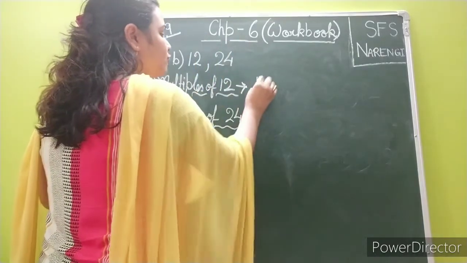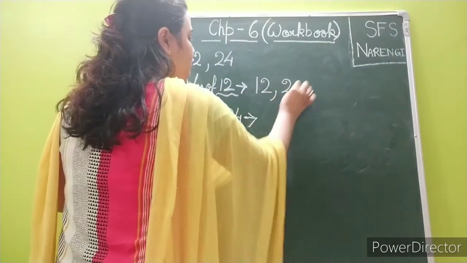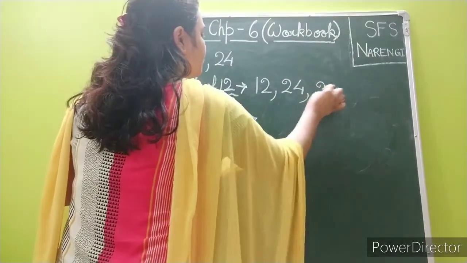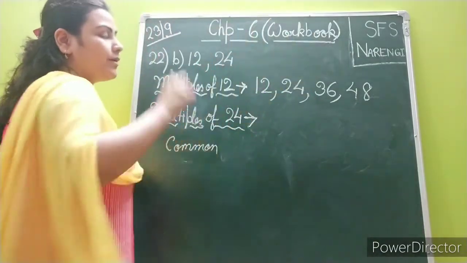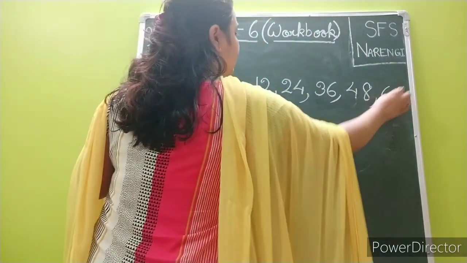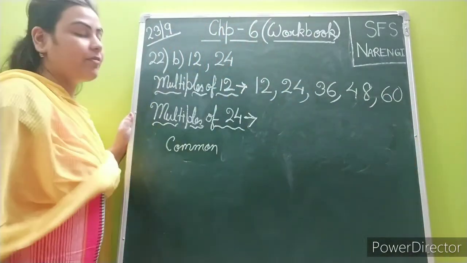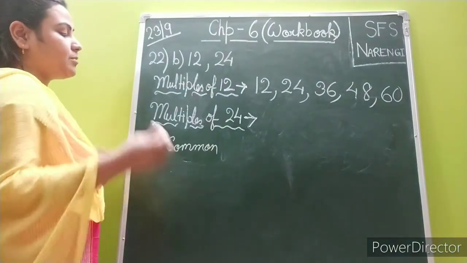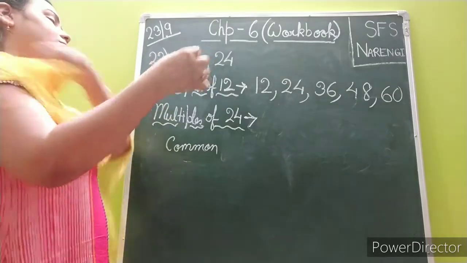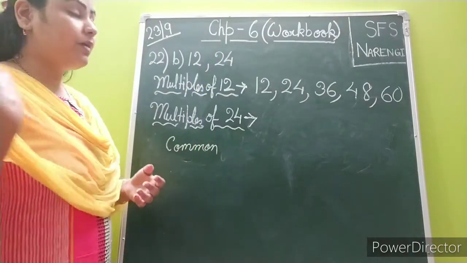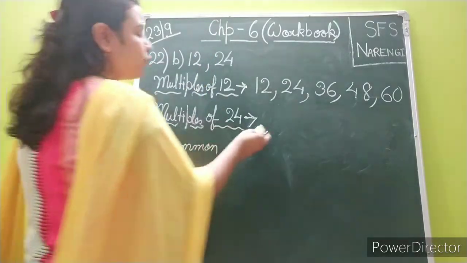Okay, so 12 1s are 12, 12 2s are 24, 12 3s are 36, 12 4s are 48, and we can go on and on. 12 5s are 60. I am writing till the fifth multiple of 12. Now coming to multiples of 24.